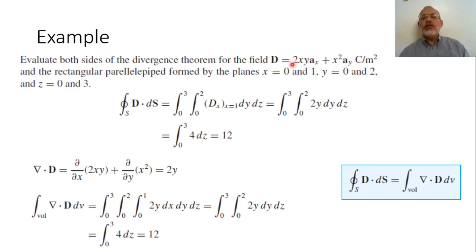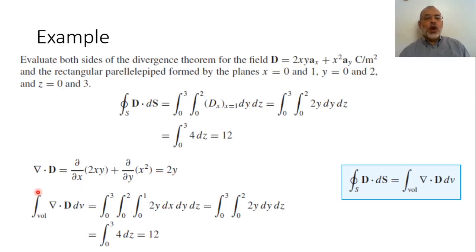The derivative of the x component with respect to x is 2y. The derivative of the y component with respect to y is 0 because x squared is constant with respect to y. So divergence D would equal 2y.